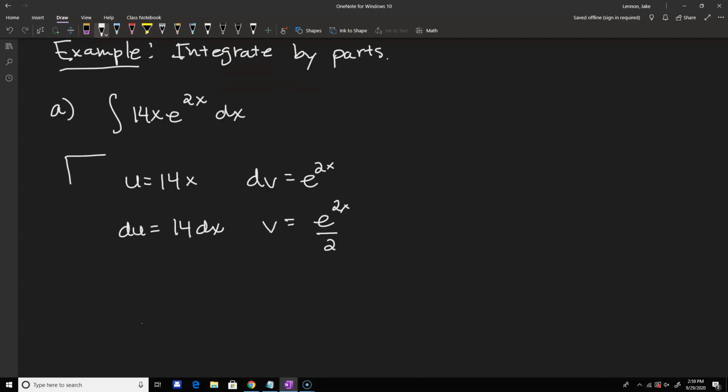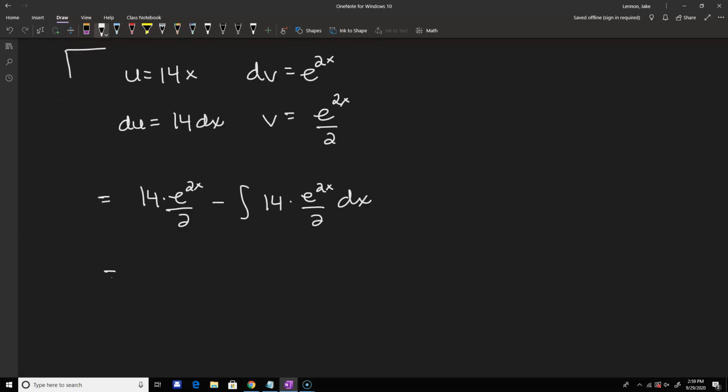And then what we want to do is we just want to take our integral, and that is going to be equal to 14 times e to the 2x over 2 minus the integral of v times du. So that's going to be our 14 times our e to the 2x over 2, and then we also have the dx.